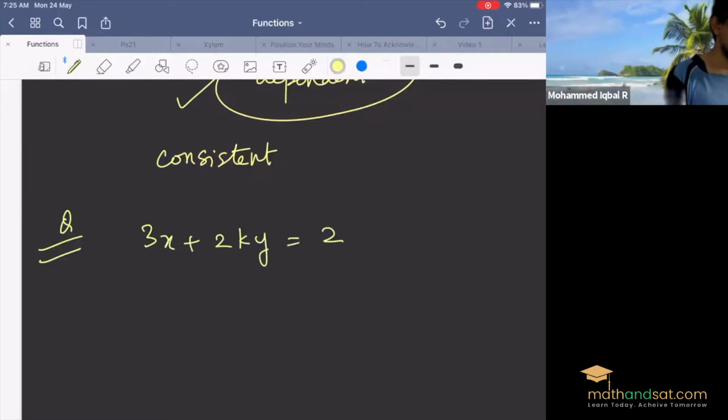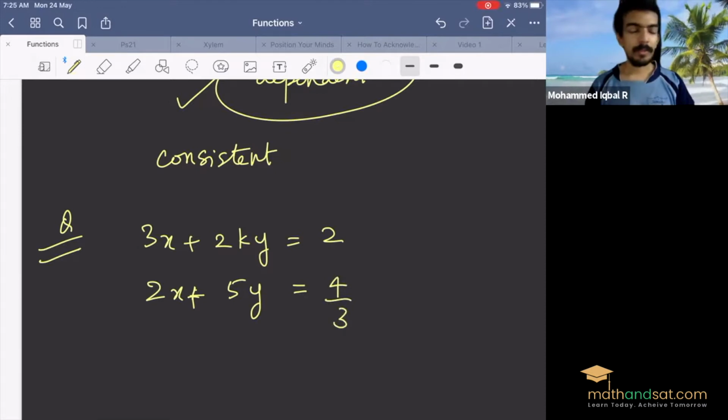Another equation is 2x plus 5y is equal to 4/3. Please note down the question.